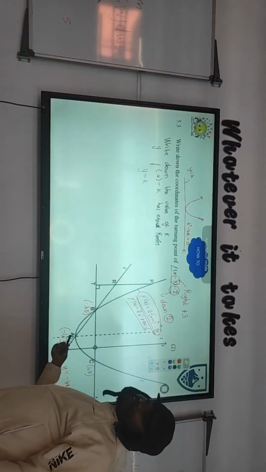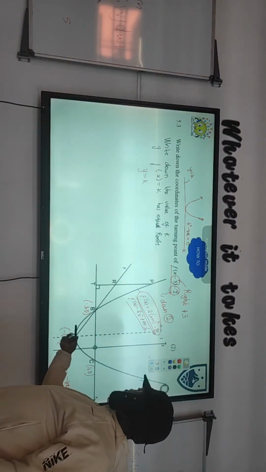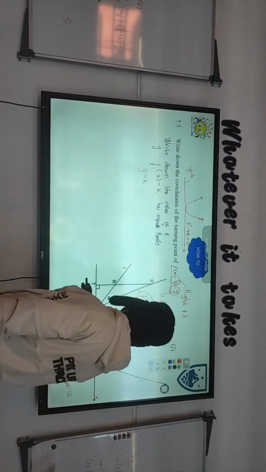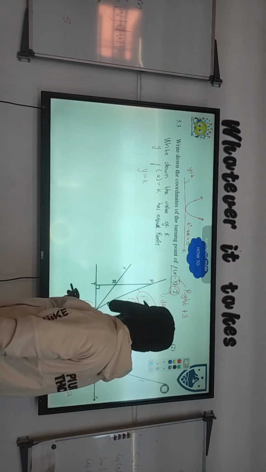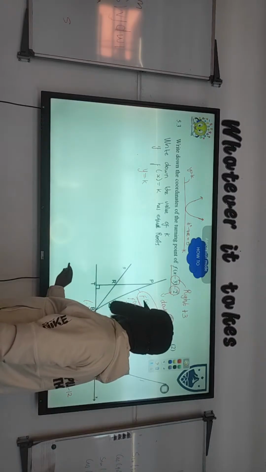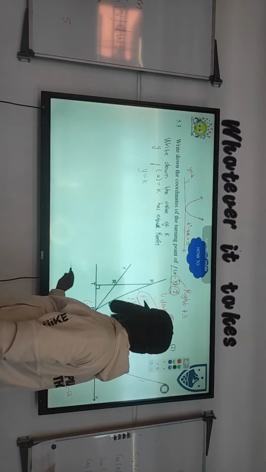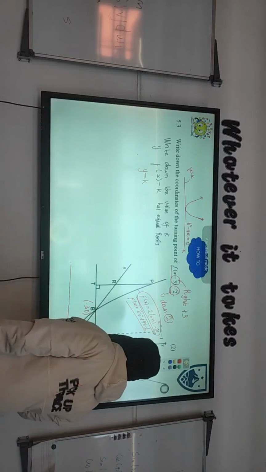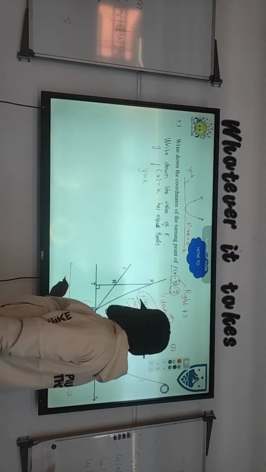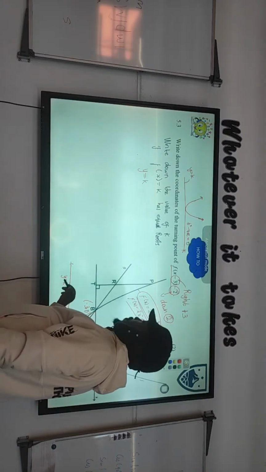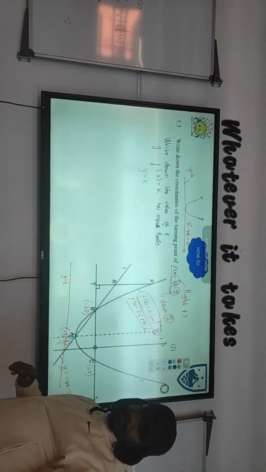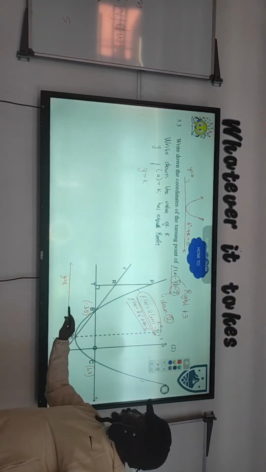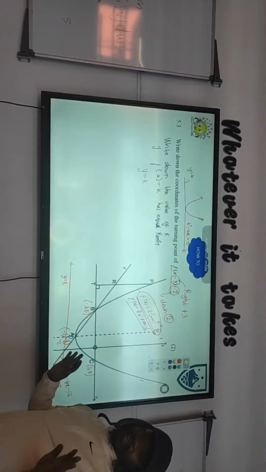Let us see if I can graph this side. Right? If I have a straight line, this is my y equals to k. I'm going to move the straight line. I have a ruler. Is there a solution? Does this graph and this graph touch anywhere?